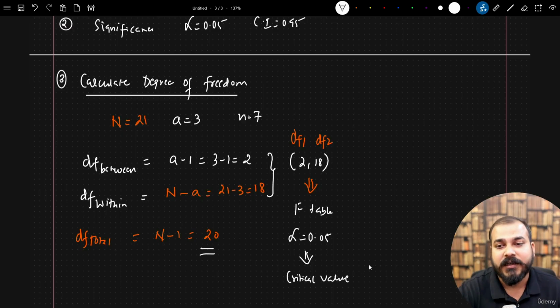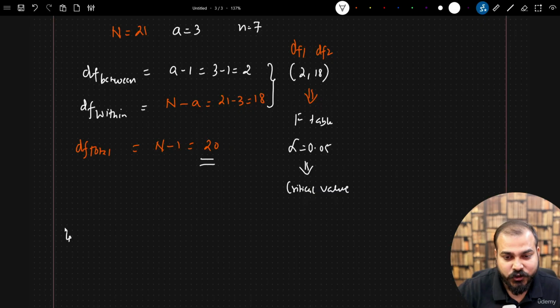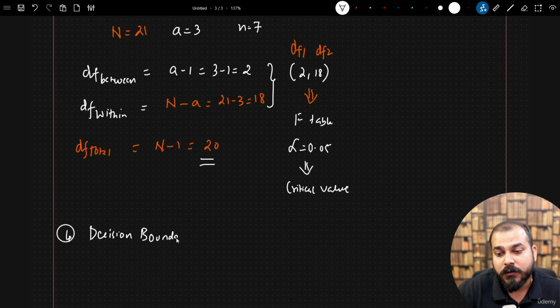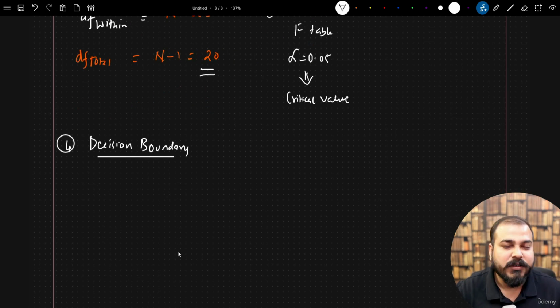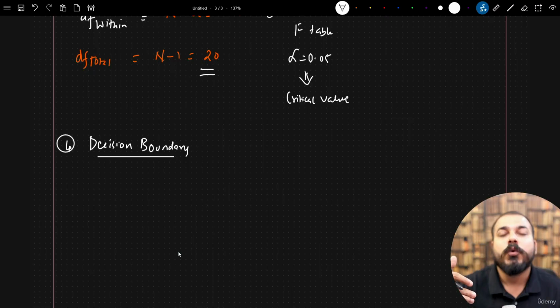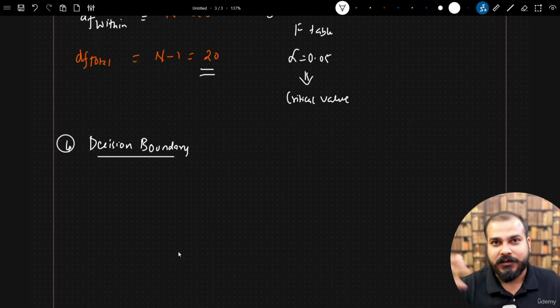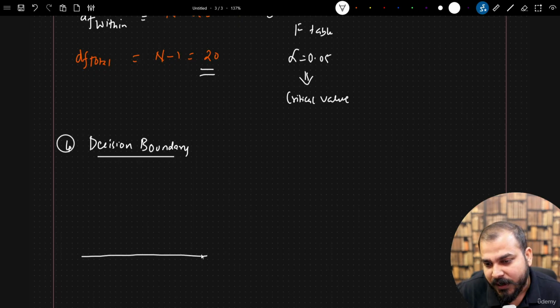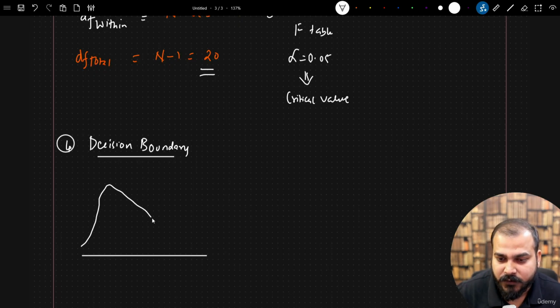Now what exactly is this critical value? In the 4th step, we construct a decision boundary, because we need to understand when to reject the null hypothesis and when to accept the null hypothesis, which in technical terms we also say we fail to reject the null hypothesis. Usually whenever we apply an F test, it follows this kind of distribution.